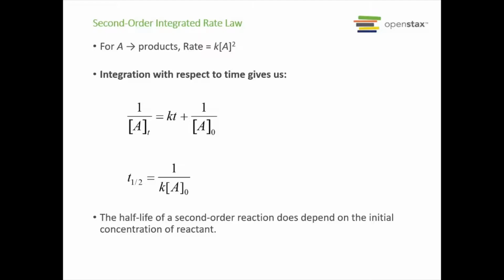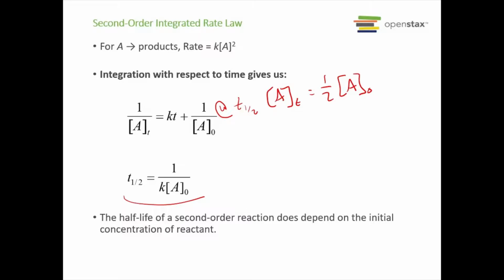And if we want to go ahead and figure out the equation for its half-life, okay, I've given you the equation, but for my curious people, let's go ahead and talk about this. We know at a half-life the concentration of A at t is going to equal 1/2 the concentration of A naught.